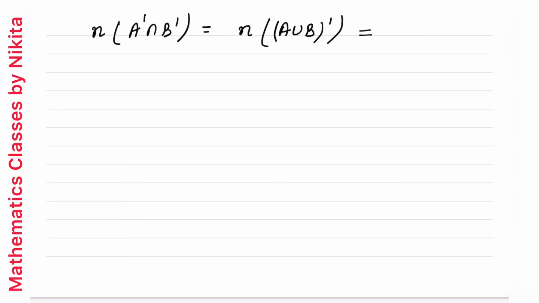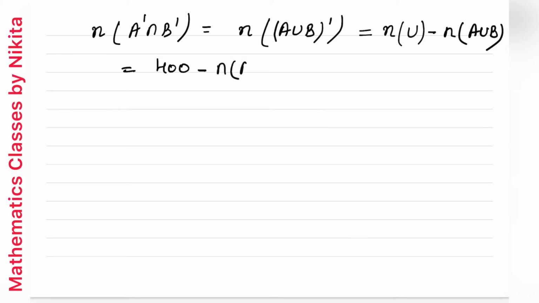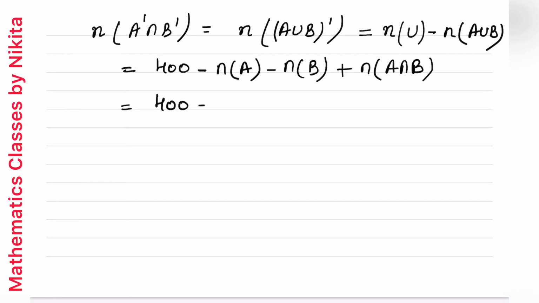And this is nothing but n of U minus number of elements of A union B, okay, which is equal to, so how many elements are there in n of U? 400. Then minus, apply the formula, n of A plus n of B minus n of A intersection B. So this will be equal to, just plug in all the values.